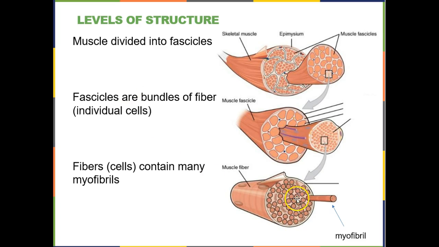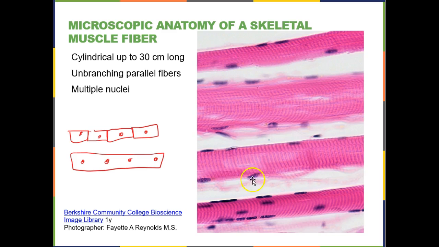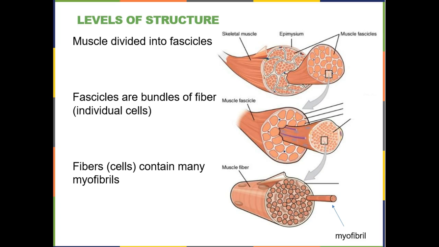Then we start down here with a single cell. We're going to ignore the myofibril for now. We'll talk about what they are later. This is one individual cell. If you take a bunch of cells, this is supposed to be a cell, there's your nucleus as part of that cell, and you bundle a bunch of cells together, that is called a fascicle.